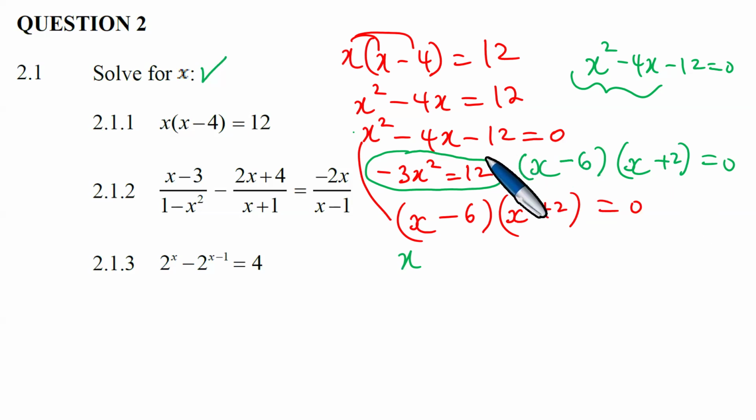And then what is minus 6 plus 2? It's negative 4. So these factors are correct.